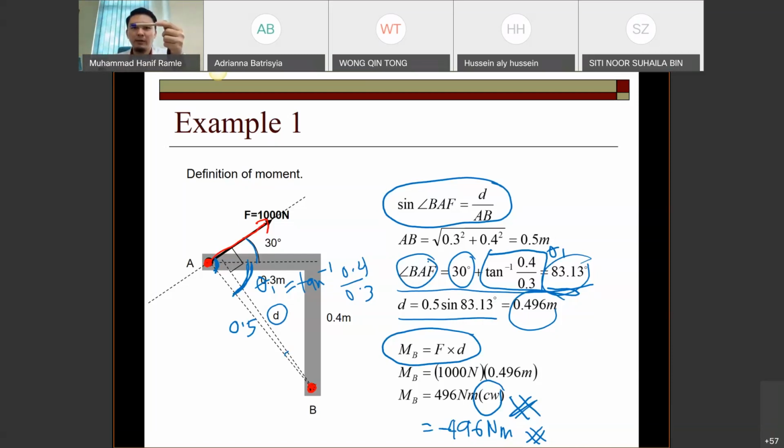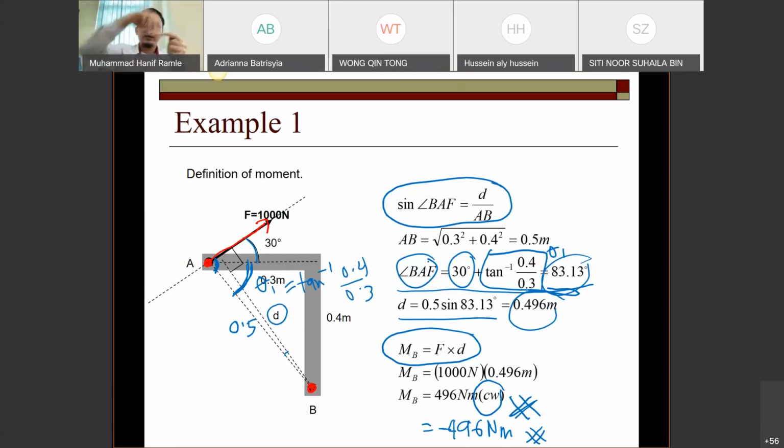Yeah. Okay. Right. So your force is like this. We are trying to pull the rigid body like this with a fixed point, because we are trying to find the moment about point B. So the rigid body will move like this.